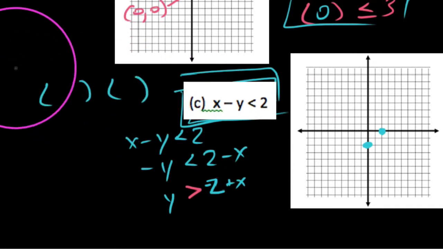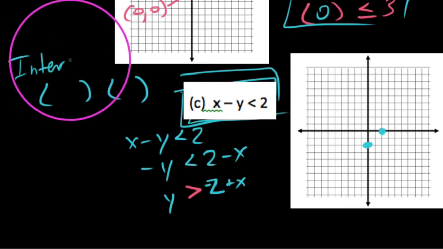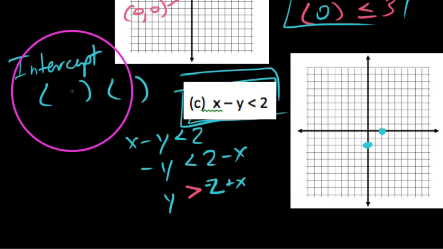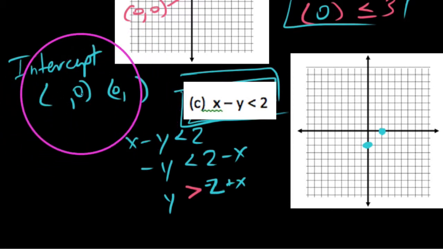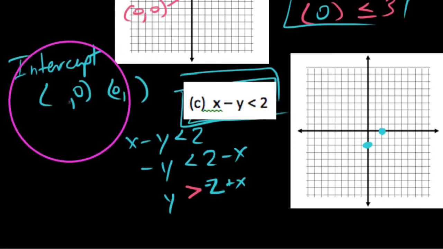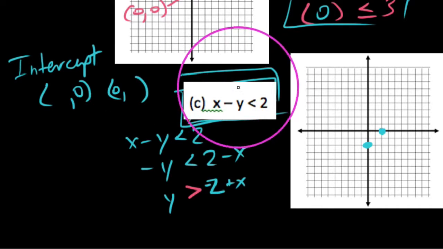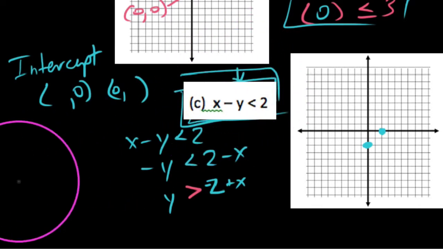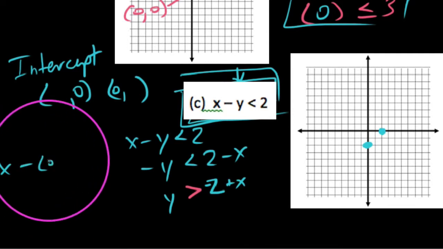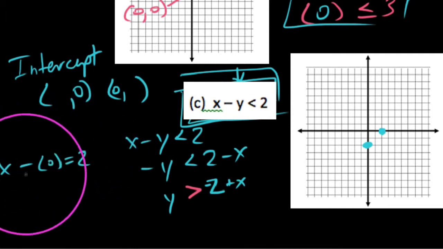We'll find its intercepts. And of course, the way you find an intercept is this. If you find an x-intercept, you plug in 0 for y. When you find a y-intercept, you plug in 0 for x. So for instance, if I were to plug in a 0 for y and say, where does this hit my x-axis? If I put in a 0 right here for my y, you notice I get x minus 0 equals 2 if we're doing the equation.